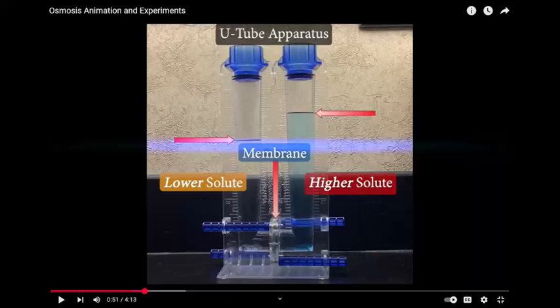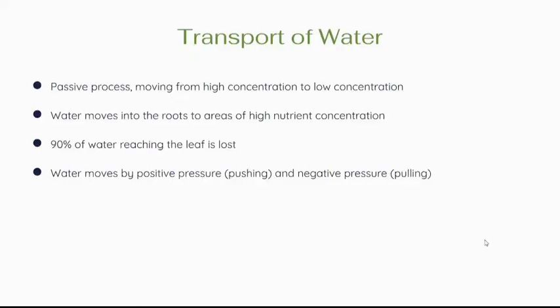So eventually they're going to come to a balancing point somewhere here, and then the water level is going to be the same. But you just got to understand that water moves not only because the concentration outside is higher than within the roots, but rather because there are more nutrients inside the root and fewer nutrients in the soil, which will also cause water to move. All right, that's back to the presentation.